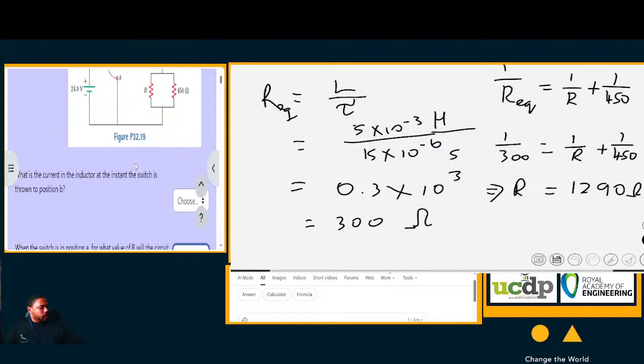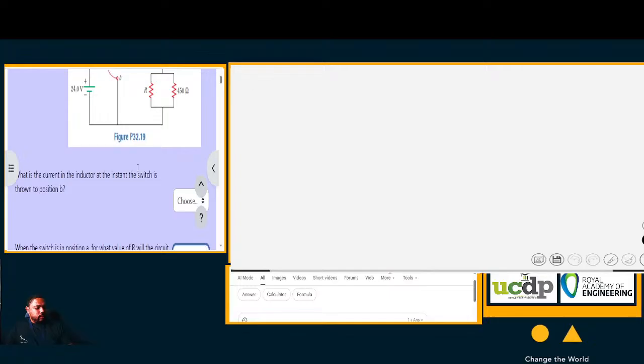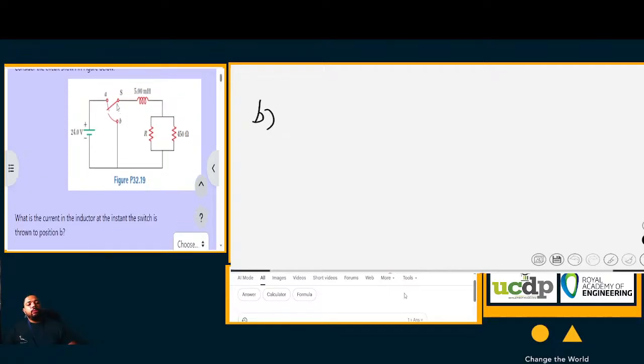Now, in part B, they want to know what is the current in the inductor the instant the switch is thrown to position B. So let's say that we now flip the switch to position B. What is the current the moment the switch is at point B?